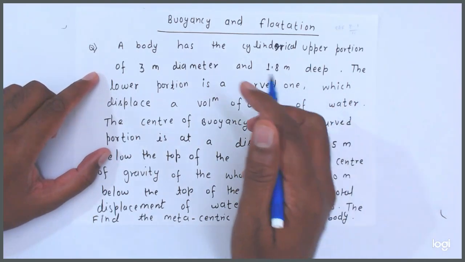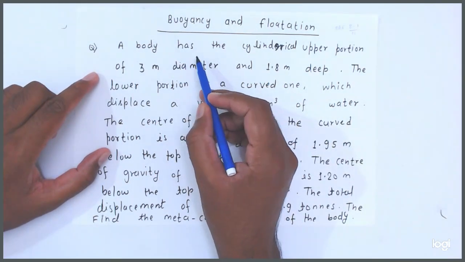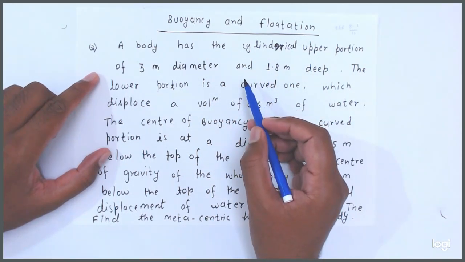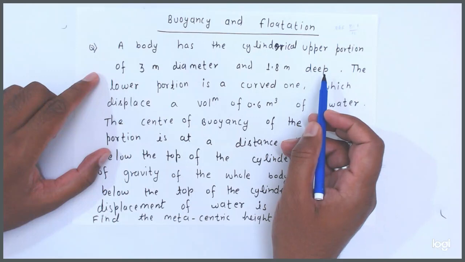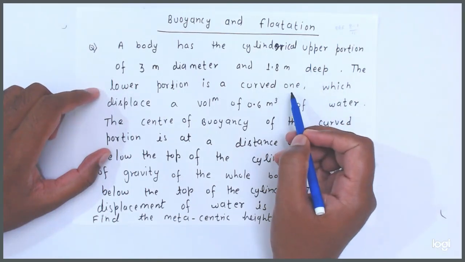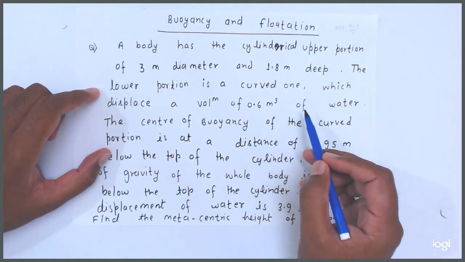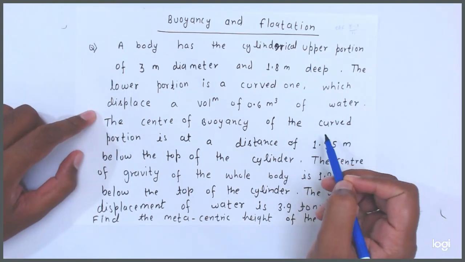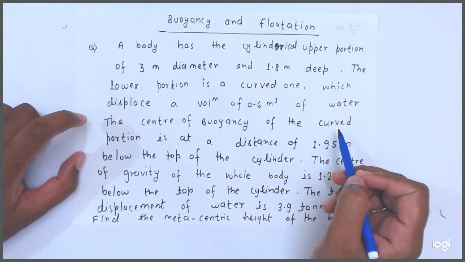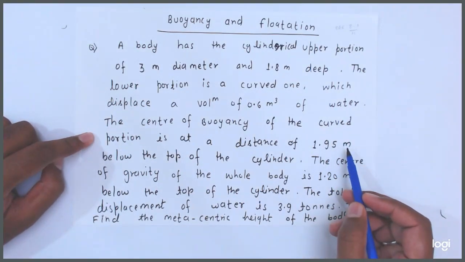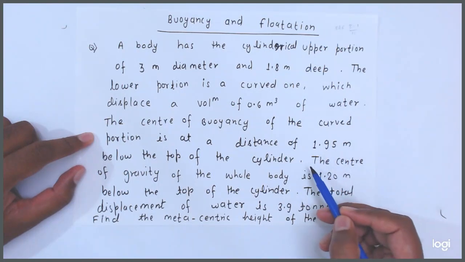Question is, a body has the cylindrical upper portion of 3 meter diameter and 1.8 meter deep. The lower portion is curved one, which displaces a volume of 0.6 meter cube of water. The center of buoyancy of the curved portion is at a distance of 1.95 meter below the top of the cylinder.